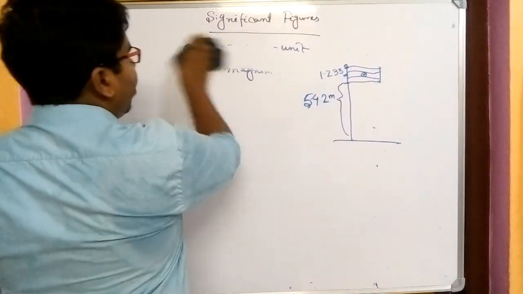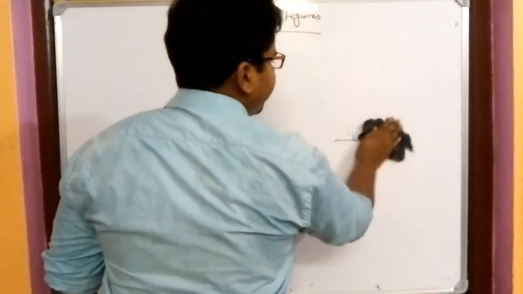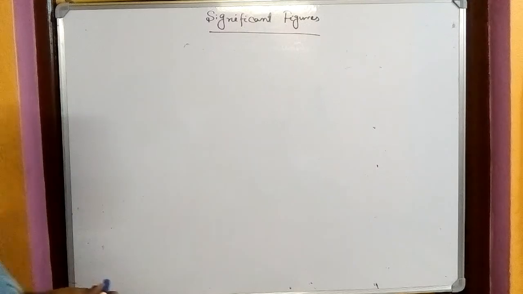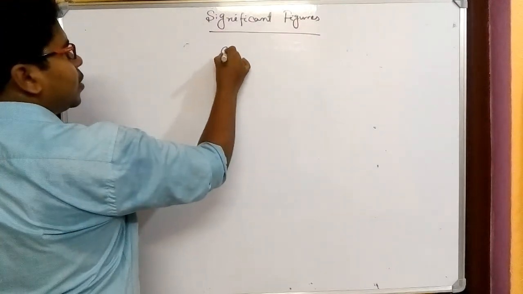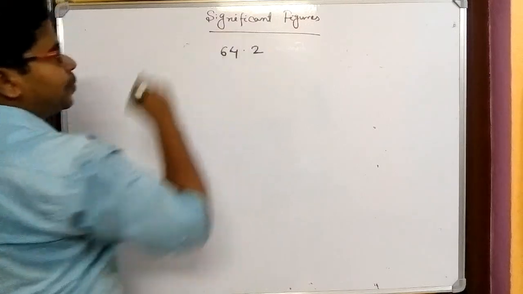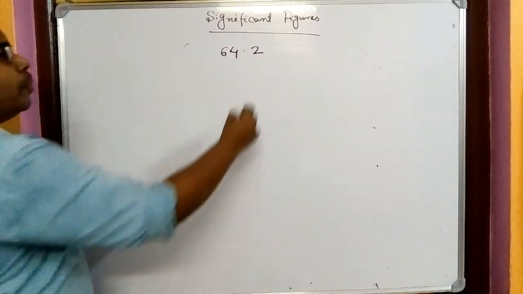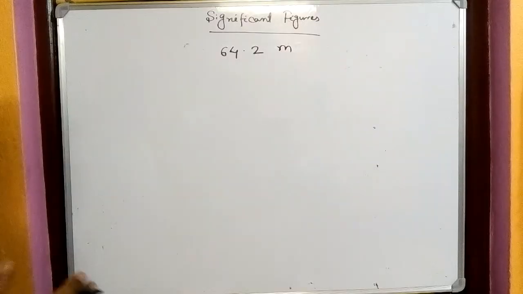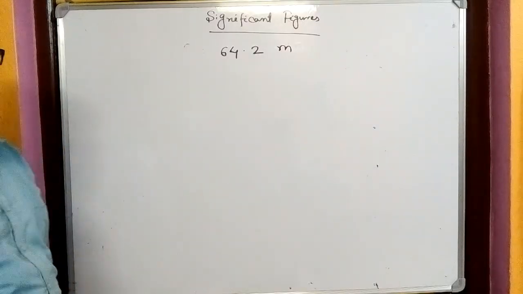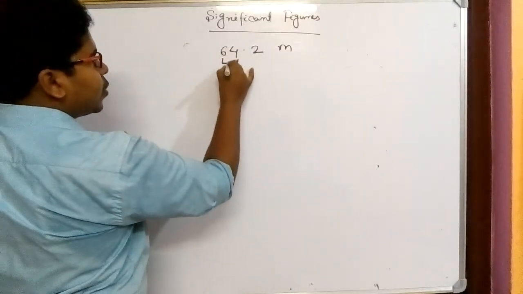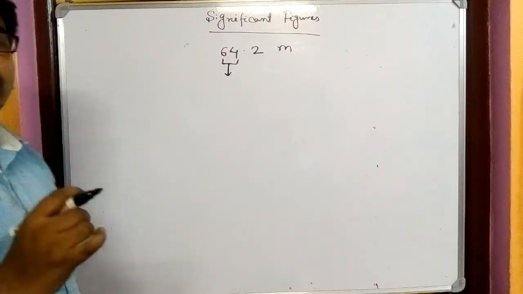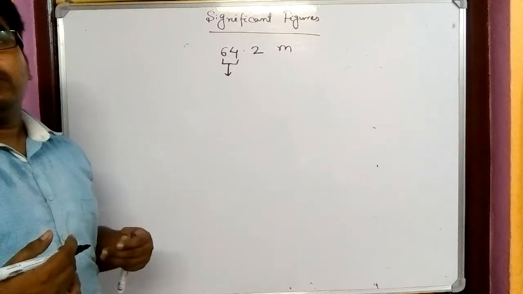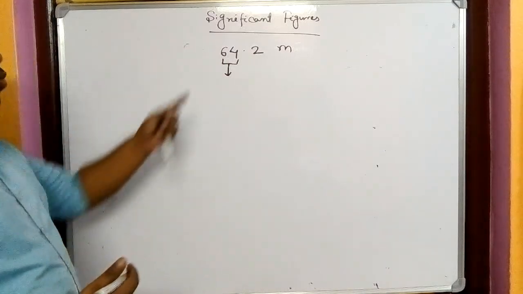Now, what is a significant figure? Whenever we have to write the magnitude of any measurement, there will be two types of digits coming. Assume one number is 64.2 meter. Assume you have measured a length. The length is 64.2 meter. So when we are talking about this 64, it is the perfect value. It is a reliable one. We don't have any problem with that 64.